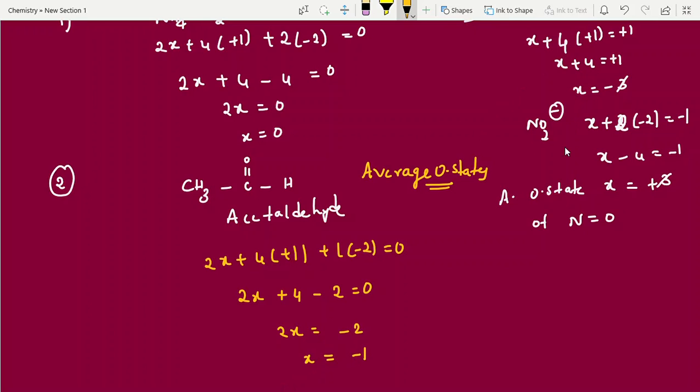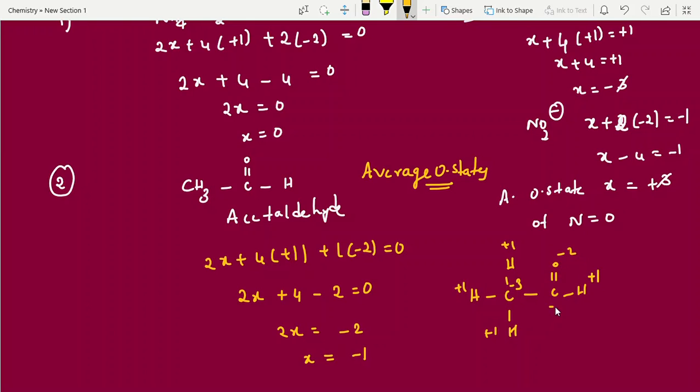You can go for a second method also, if you want to check. You can write it like this: CH3, C double bond O, H. See, this H is plus 1. This CH3 has three plus 1, so definitely this carbon is minus 3. Right? Then the oxygen is minus 2 and the H is plus 1.